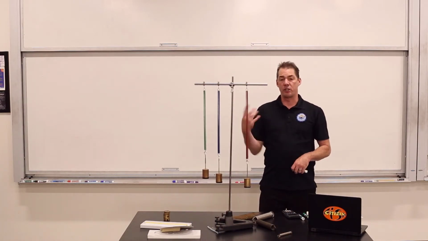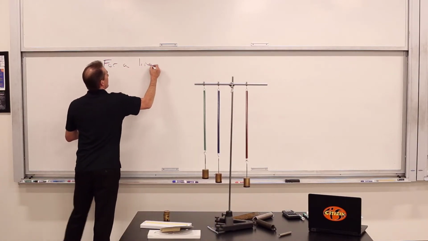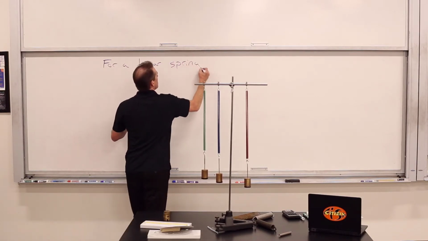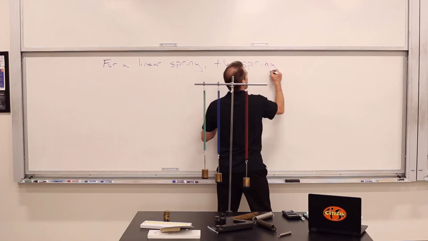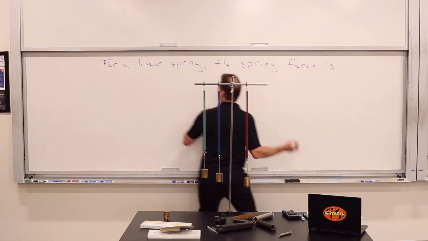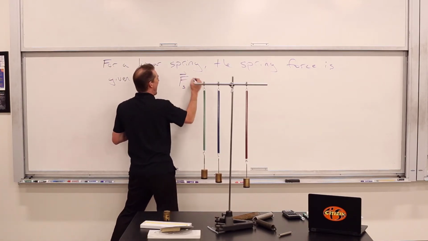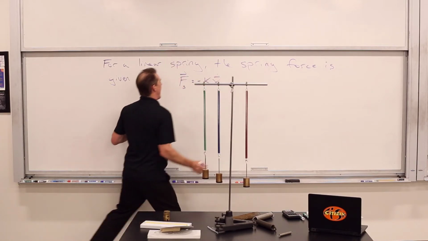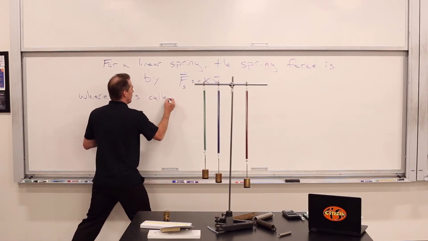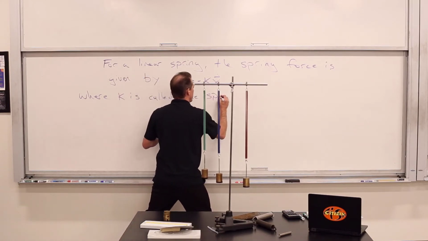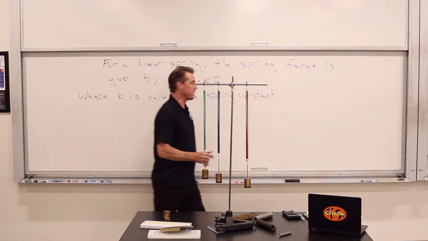And that characterization is known as the spring constant of the spring. So for a linear spring, the spring force is given by F sub s hat is equal to negative k x hat, where k is called the spring constant, or force constant of the spring.